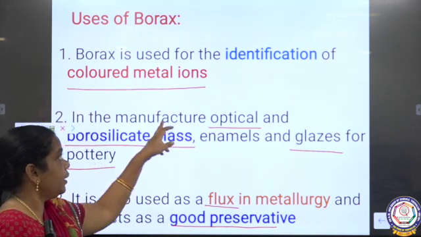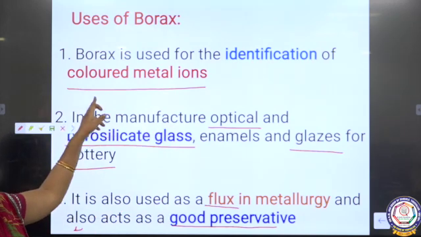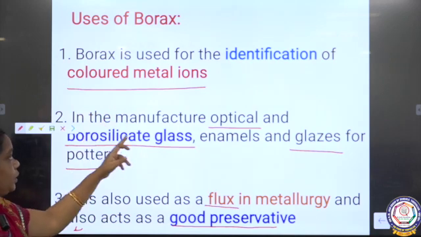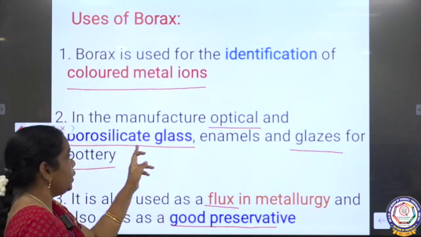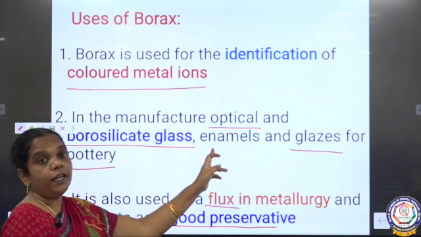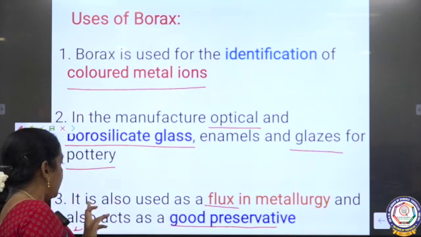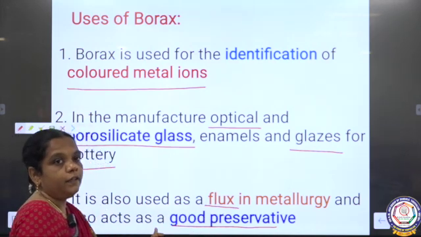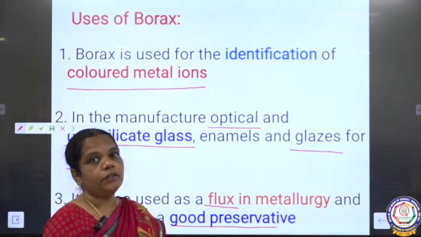So these are all the uses of borax: it is used to identify colored metal ions, in the manufacturing of optical glass, borosilicates and enamel, giving a glazed surface in enamel and pottery, as a flux in metallurgy, and as a good preservative.